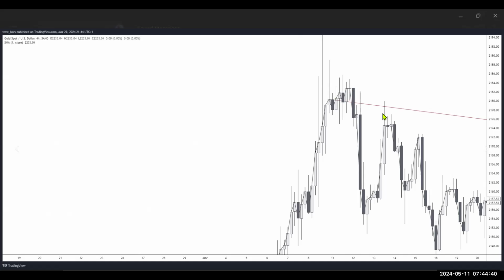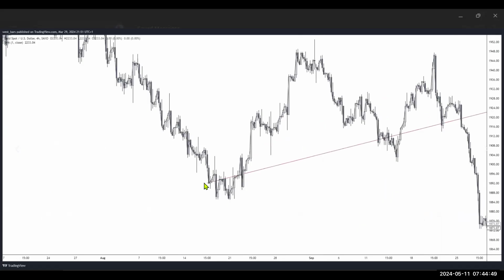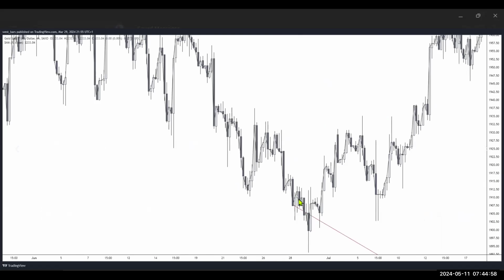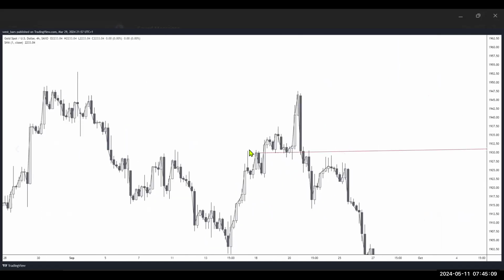First touch, second touch, entry. Same thing here. First touch, second touch, entry. Two shots, right? Same thing here. First touch, second touch, entry.